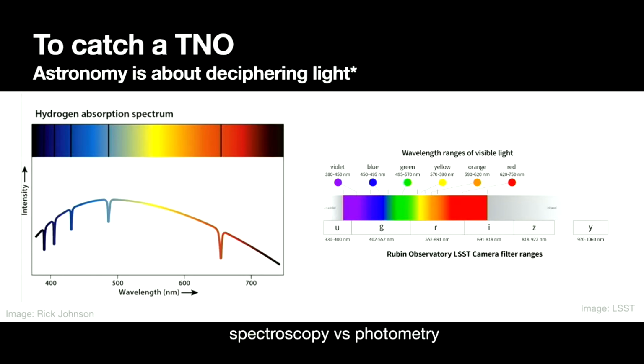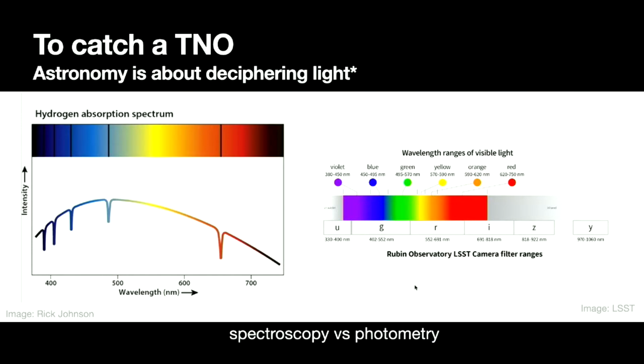Spectroscopy is when you take light that comes from a source and break it down into different wavelengths, and then measure the intensity across specific wavelengths. Dips or spikes in intensity tell you what the chemical composition of the object you're looking at is. In this case, it's hydrogen.